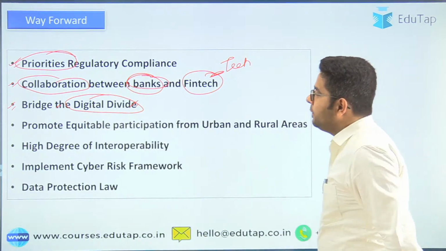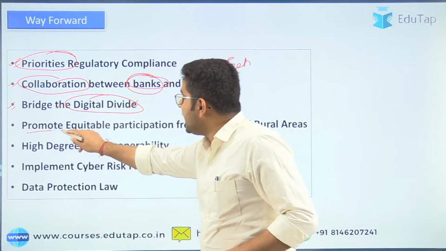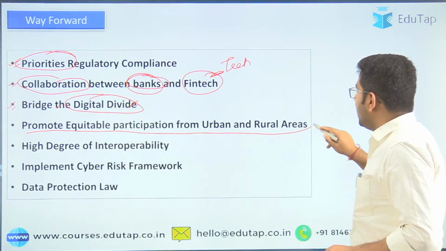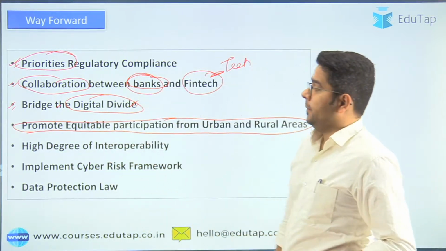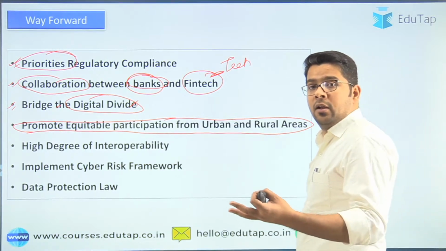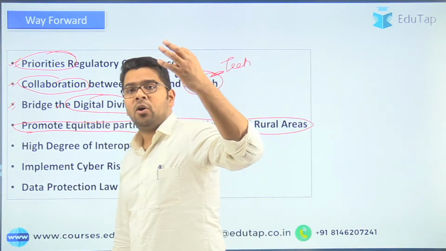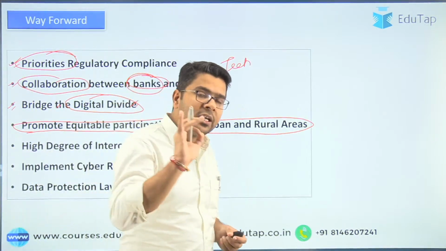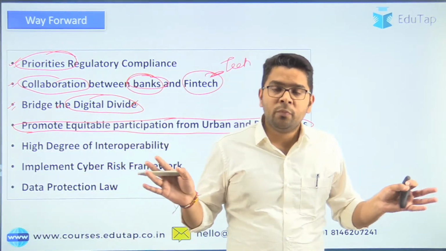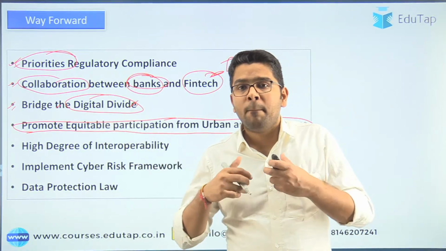Then coming to the fourth point, which is promote equitable participation from urban and rural area. Basically a socio-economic solution in regard to India. Whenever we are talking about finance, guys, you need to touch different domains to make the answer look much more complete.